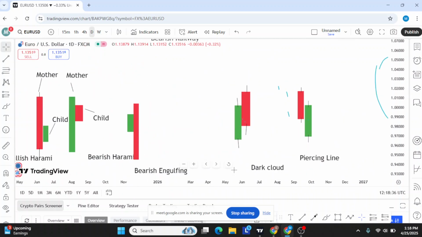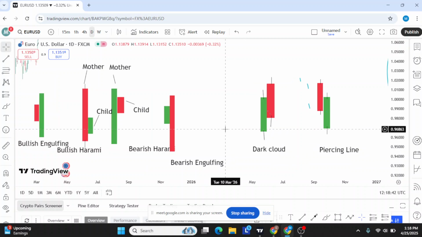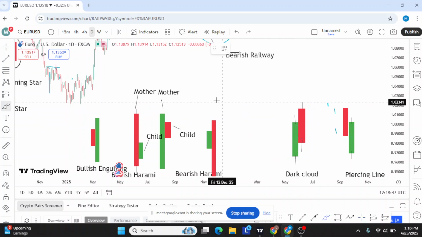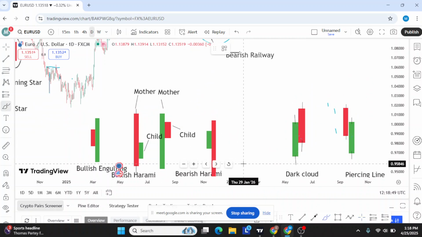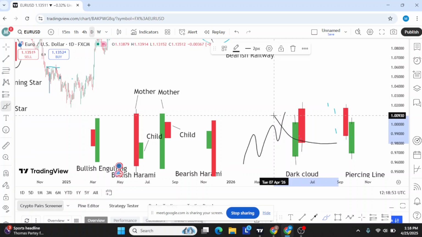So now, see the dark cloud and the piercing line. The dark cloud is a pattern we can make use of in an uptrend market.